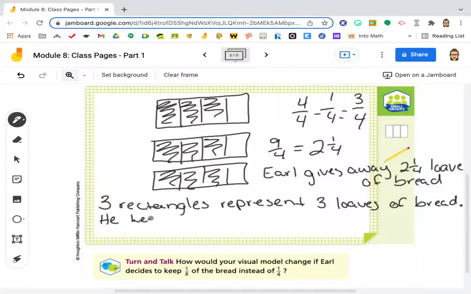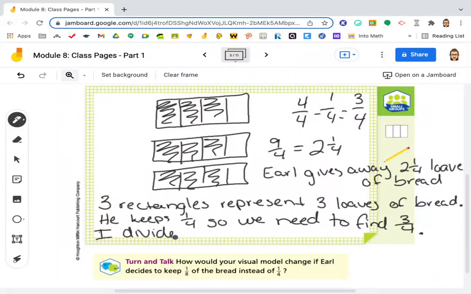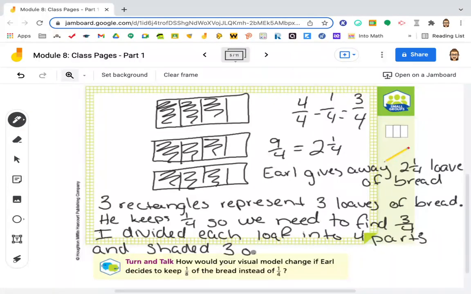He keeps 1/4, so we need to find 3/4. So I divide each loaf into 4 parts and shaded 3 of them.